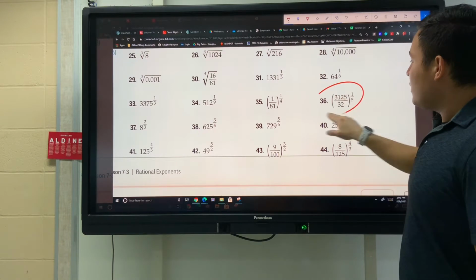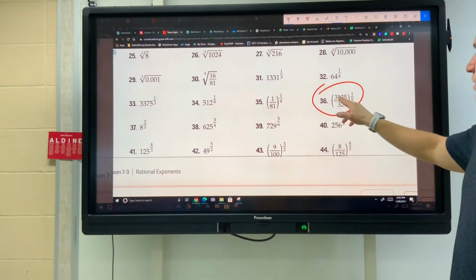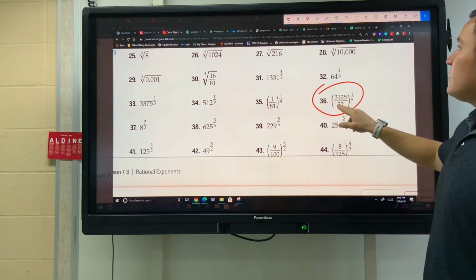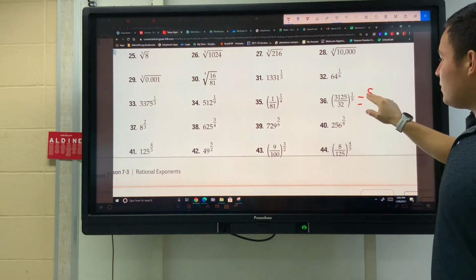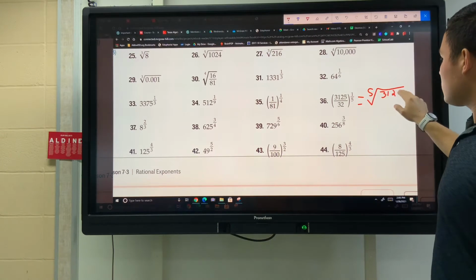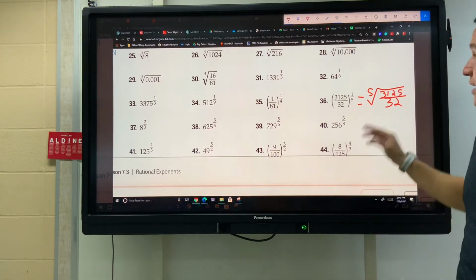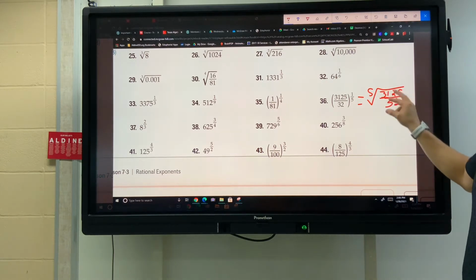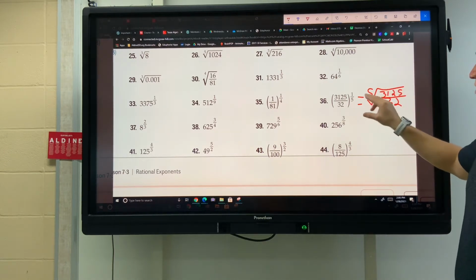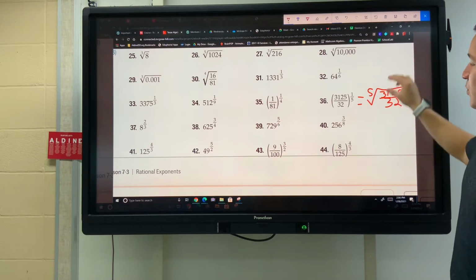Let's do this one, number 36, next. 3,125 divided by 32. This is going to be a 5th root, and because it's a fraction and both parts are underneath the radical, we can split this to be the top one and the bottom one.